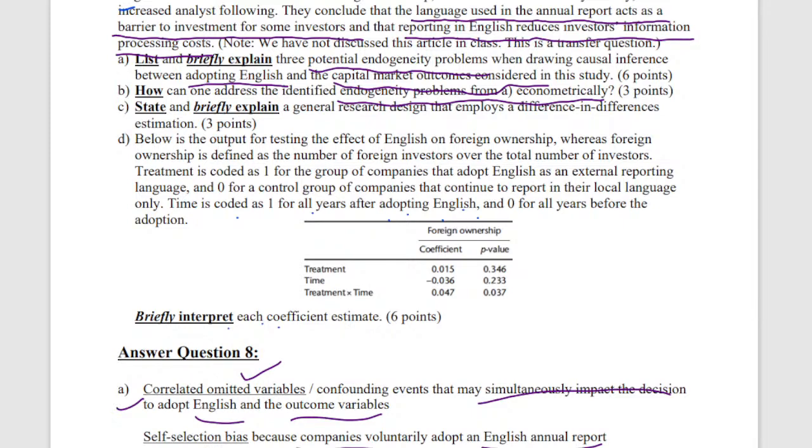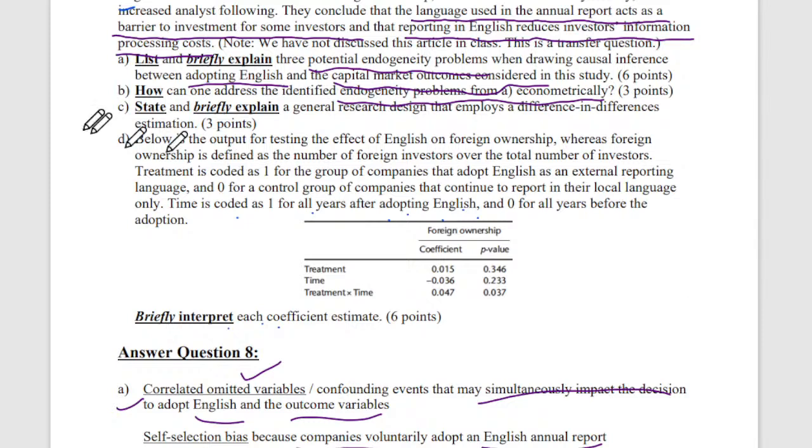That means in one regression we'll include this confounding event, and in another we will not include that event, so it will basically be an unrestricted and restricted model. The next is self-selection bias, where we can use propensity score matching so that we can select some firms, with a difference in difference design.